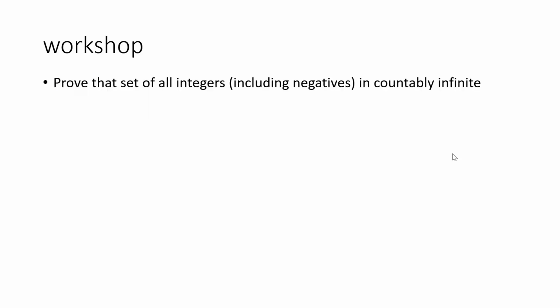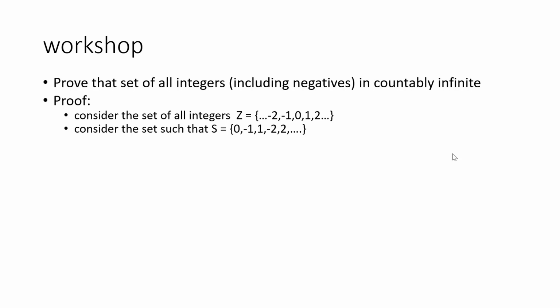Let's do another workshop. In this workshop, we'll prove that the set of all integers, including negatives, is countably infinite. So let's consider the set of all integers, from minus infinity to plus infinity. Suppose we reorder the set such as this.